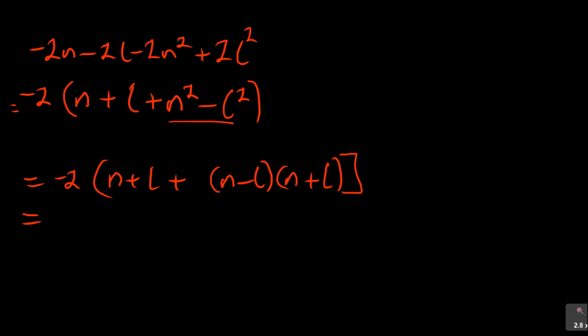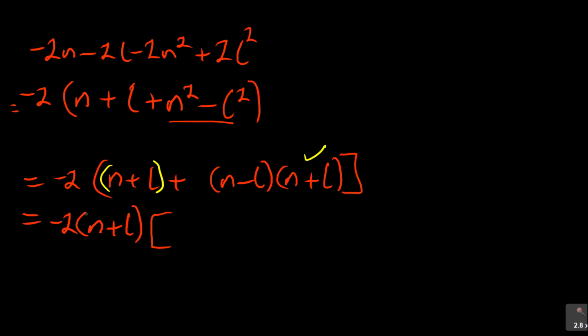I've got n plus l, but even here, if I can put a bracket there, is n plus l. Do you see that? So I can actually take out another n plus l to say minus 2 bracket n plus l, then open a bracket. So this into this will remain with a 1. 1 plus, that will cancel n minus l. See what I'm saying?